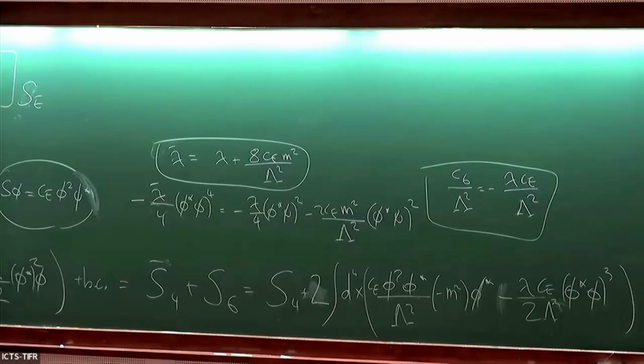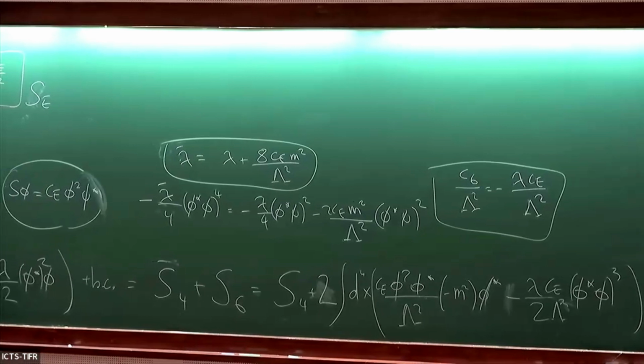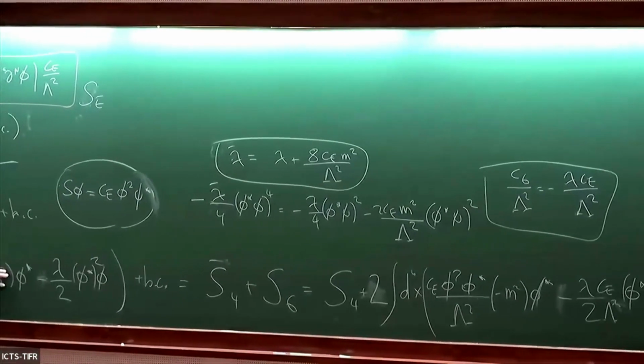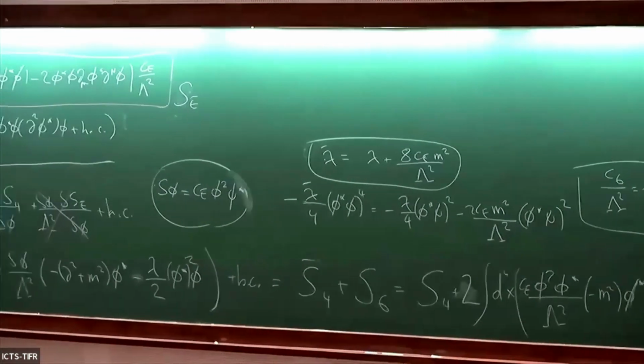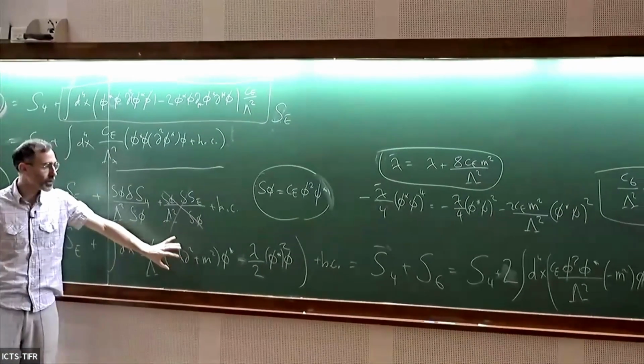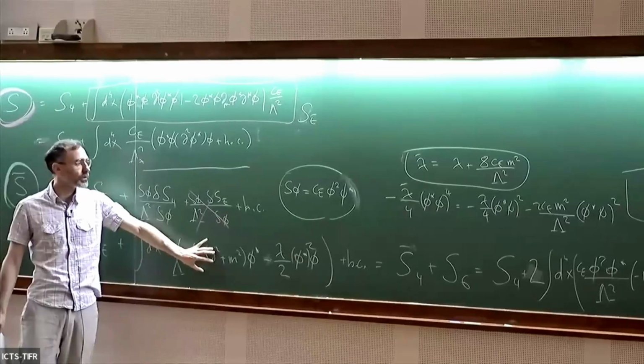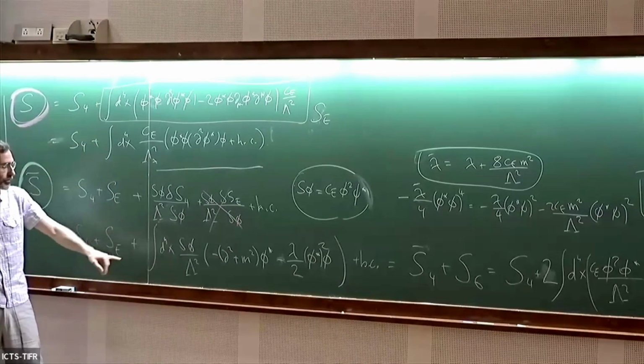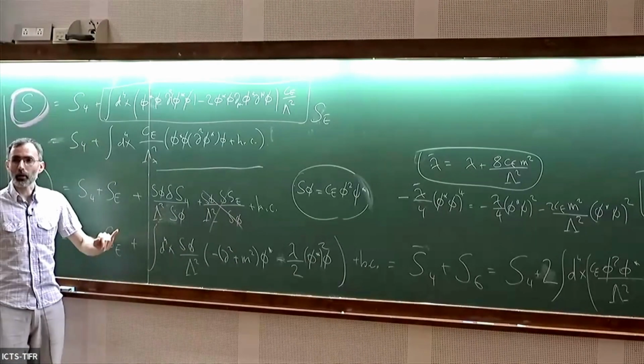I'll leave this as an exercise as in the notes: you can get to the same place if you just take the original term in the Lagrangian at dimension 6, and you apply on it the equations of motion. It is not so hard to guess that will be the case, because at heart the input we're using in this field redefinition is the equation of motion, the first variation of the action with respect to the field.